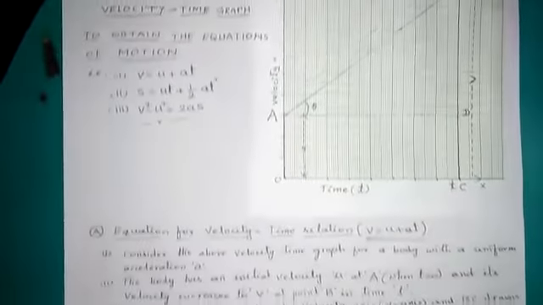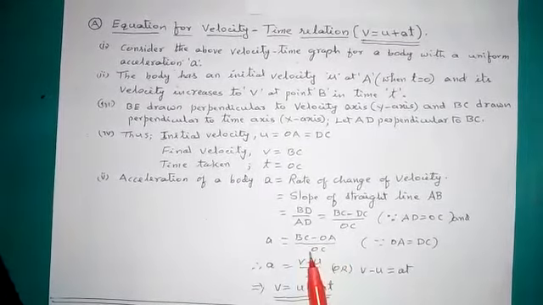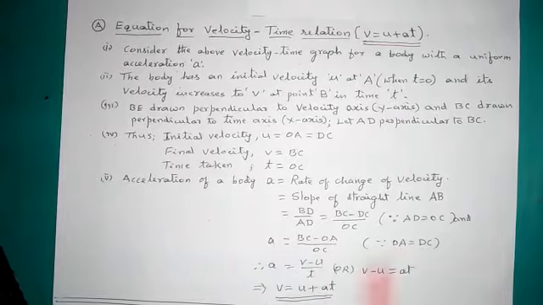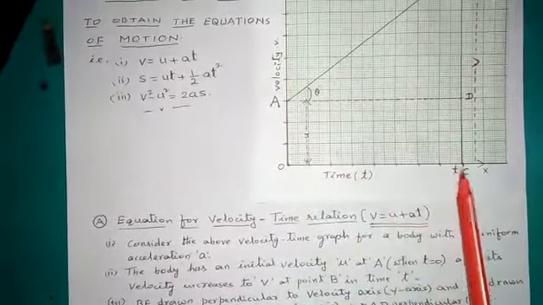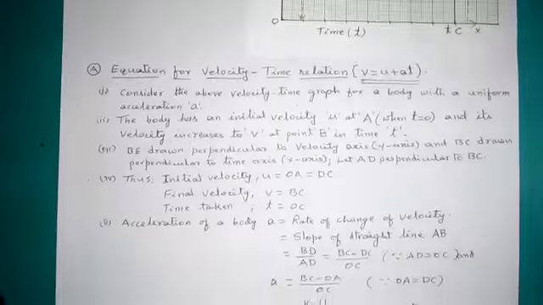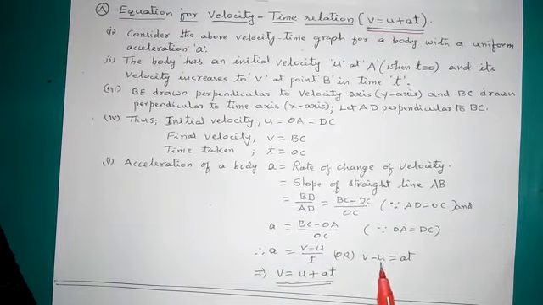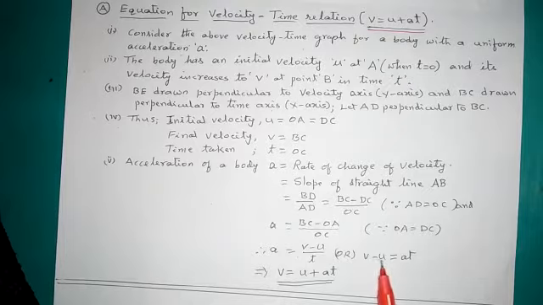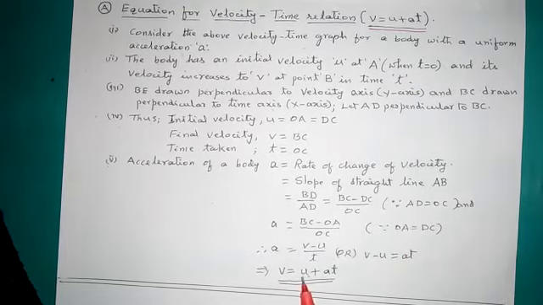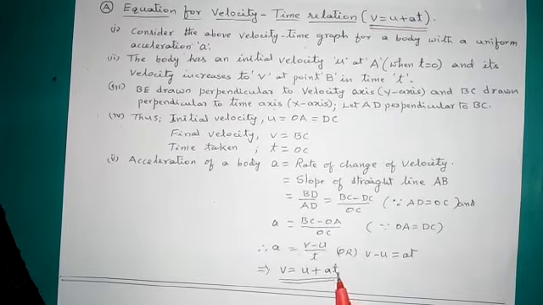That is why we get a is equal to BC minus OA by OC, which is v minus u by OC, and AD is equal to OC, that is equal to t. By cross multiplication, v minus u is equal to at. Bringing minus u to this side, v is equal to u plus at. This is the first equation of motion.